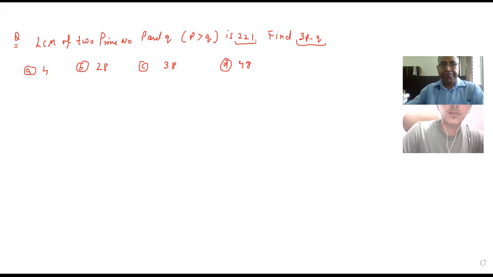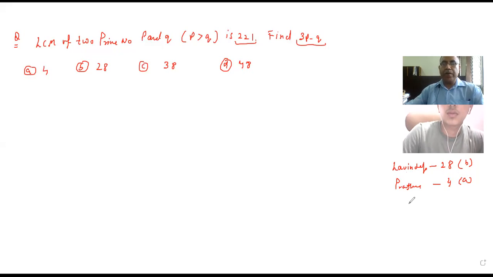So 28. Answer is 28. Okay, one boy has, who has said 28? Lavandeep. Lavandeep is saying 28. That means according to him option B is correct. Pratham. 4. So 4. Pratham is saying A. Any other student who want to add?